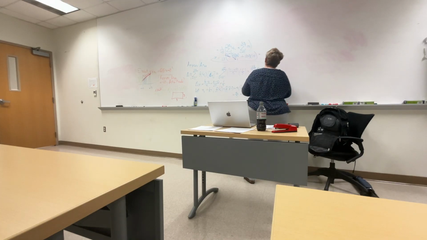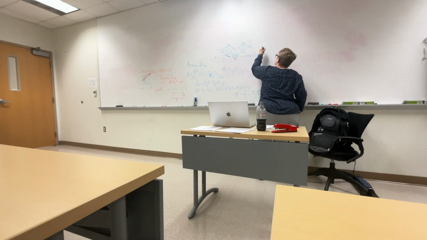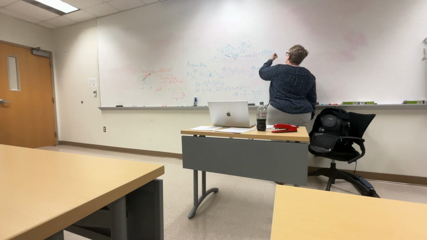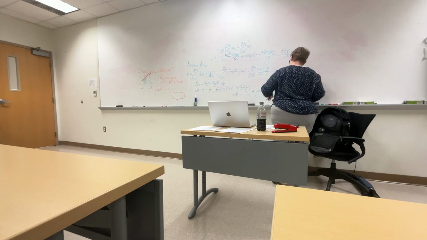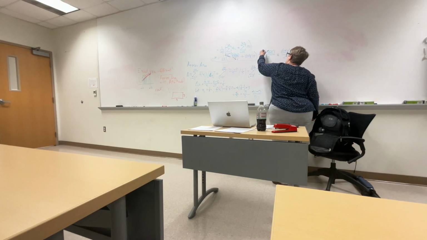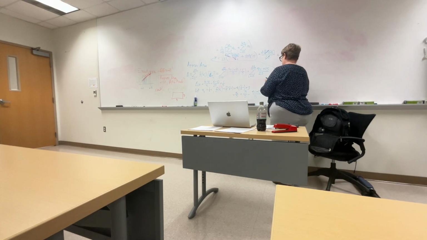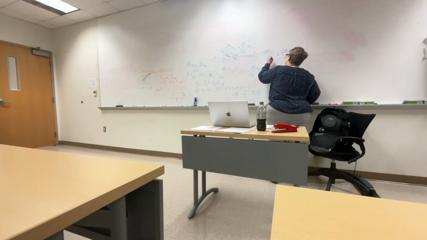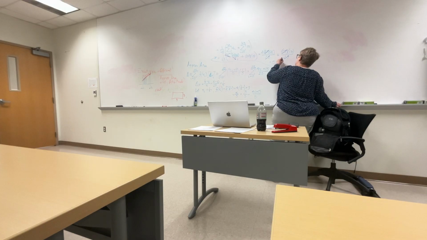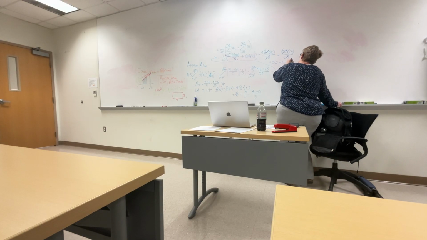So I've got 2 times 25 times 26 all over 25, plus 25 times 15 over 25. So we get 52 plus 15, which is 67.